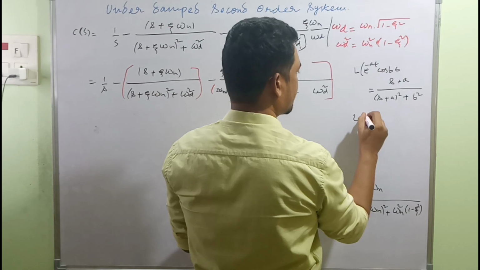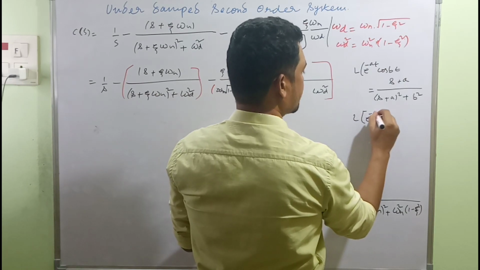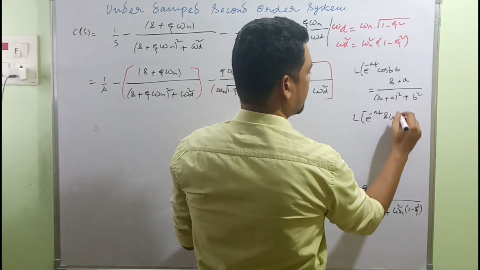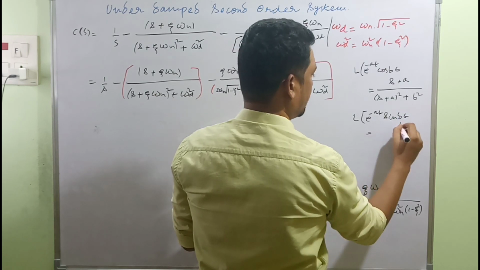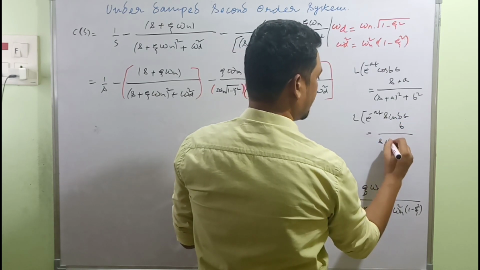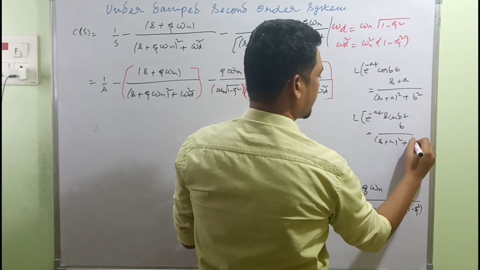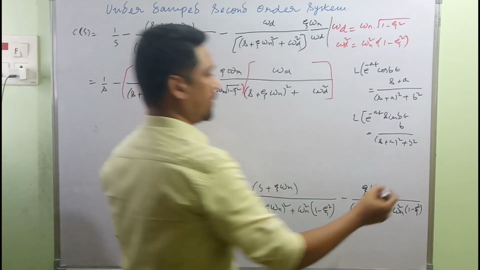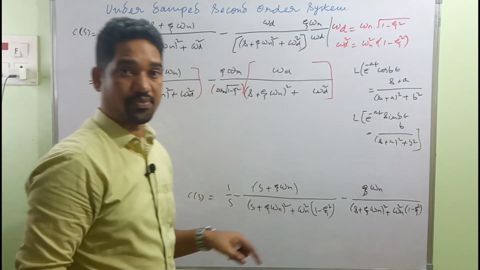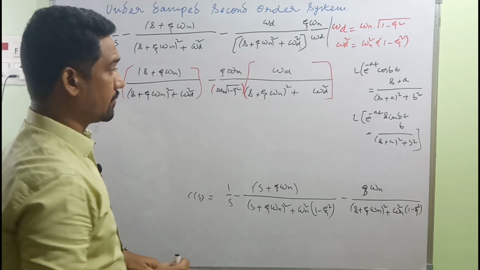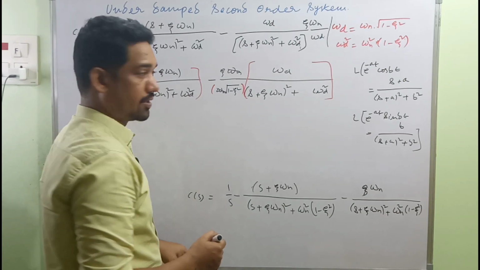In the same way, the Laplace transform of e raised to minus at sine bt will be equal to b by (s plus a) whole square plus b square. You can find the proof in the link provided in the description box. It's already done, right?